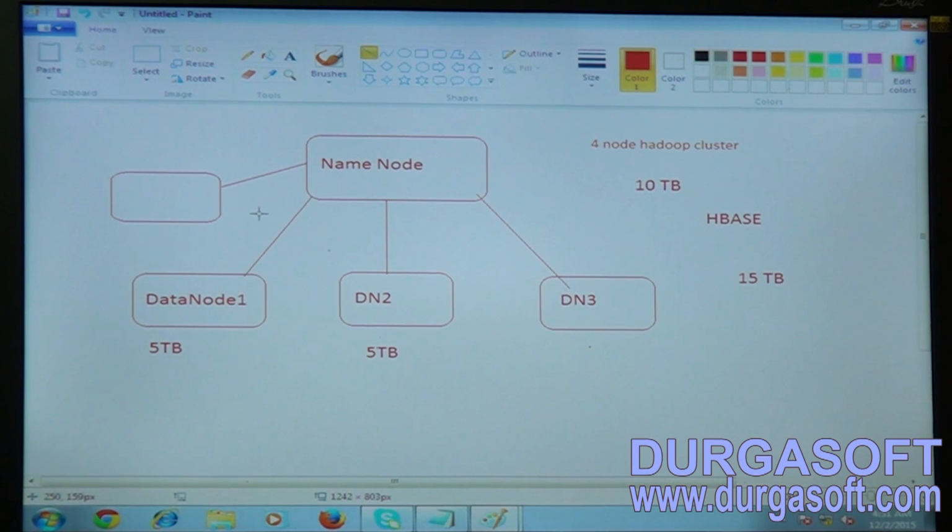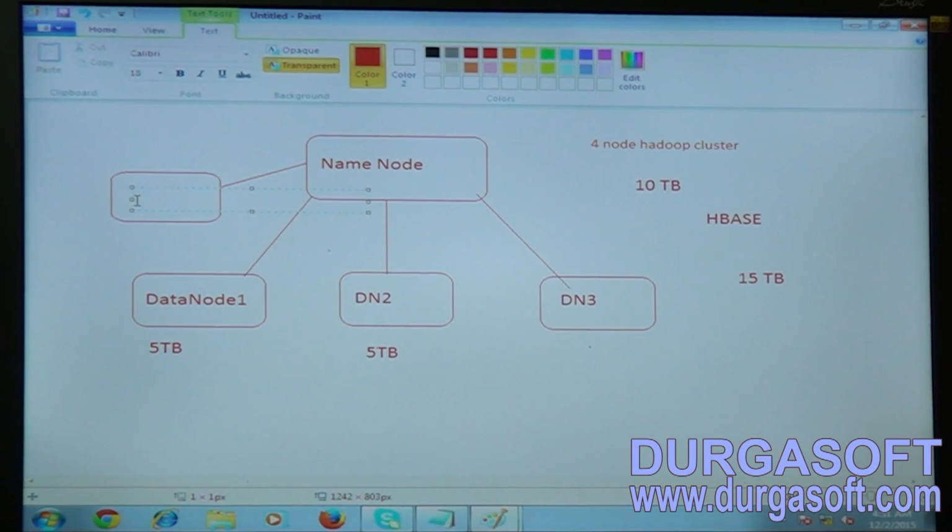Cluster means a network of machines. The advantage here is we can add servers or machines as and when required. Such a facility was not provided by the traditional database systems or traditional distributed systems. This is the advantage here.